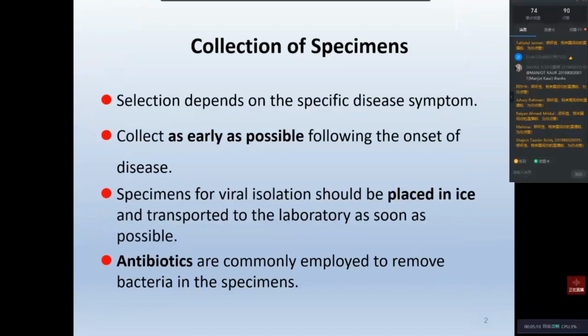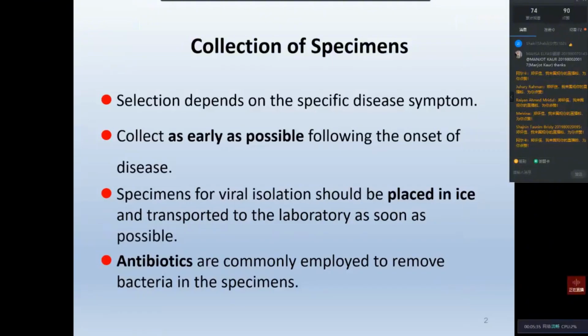And we should keep the specimens fresh. We should place them on ice so that the viral particles won't be degraded by enzymes. And if there are other microorganisms like bacteria, the low temperature on ice can inhibit bacterial replication.